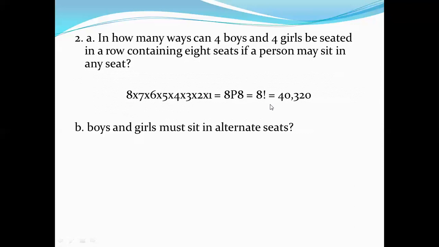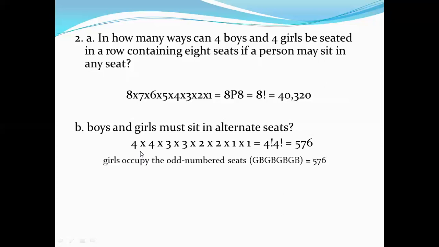Okay, next problem. Boys and girls must sit in alternate seats. Okay, how do we do that? Okay, bakit ganito? Kasi, okay, so girls occupy the odd numbered seats. Yung mga odd number seats seated by the girls.